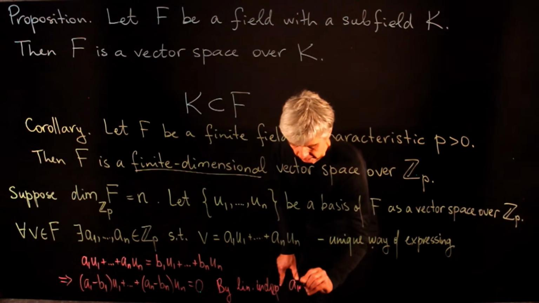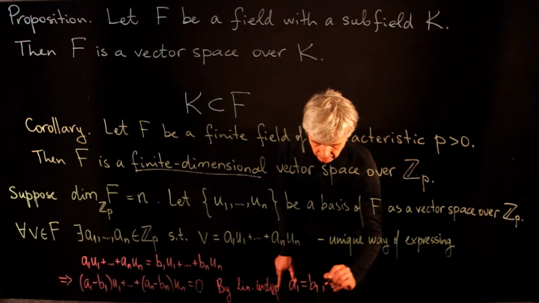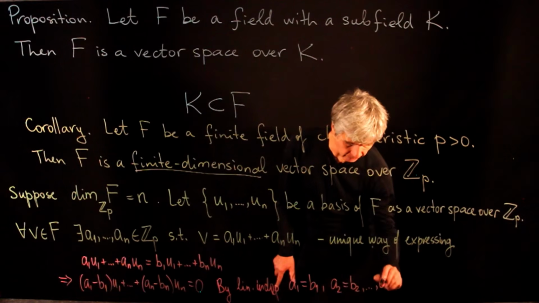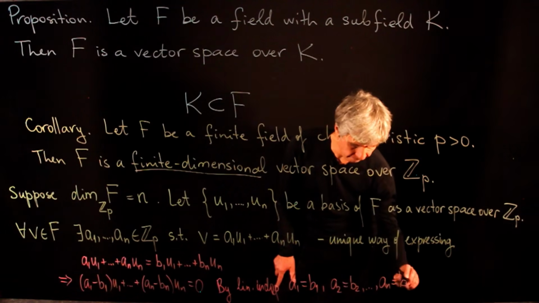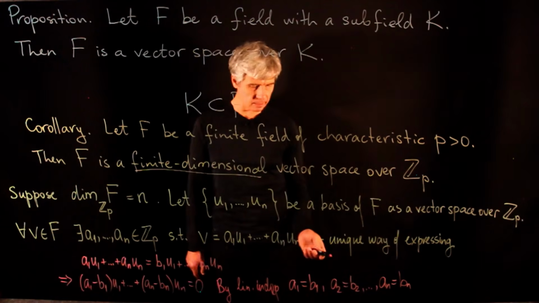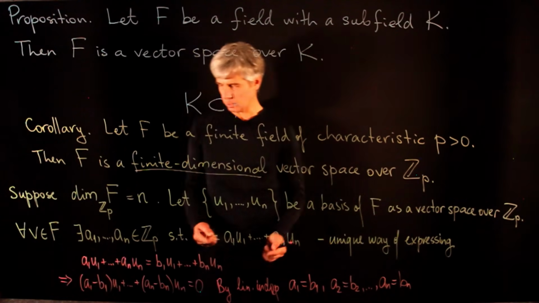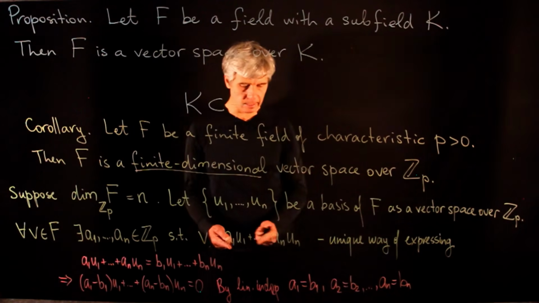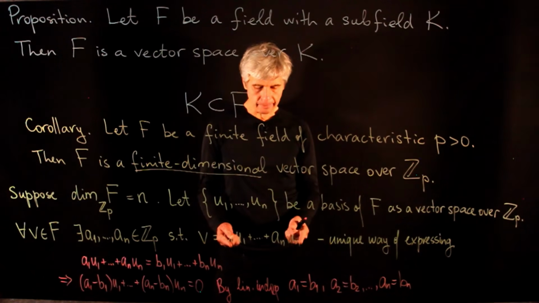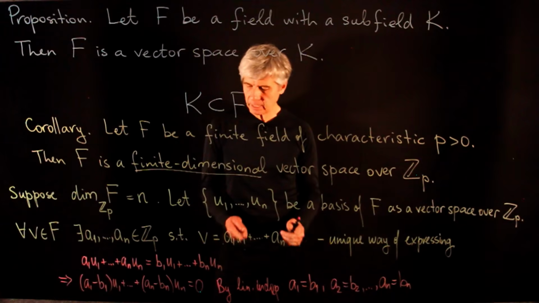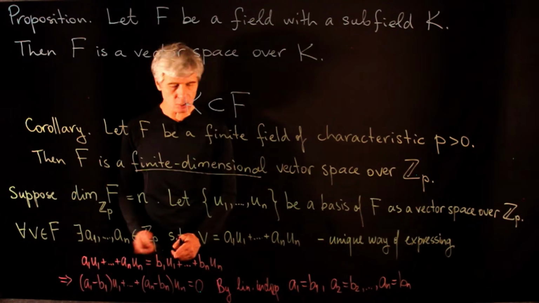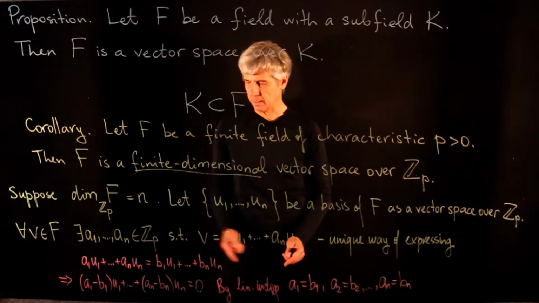So a1 must be equal to b1, a2 must be equal to b2, and an must be equal to bn. So every element of a field can be written as this linear combination, and moreover, this can be done only in one way. We cannot have two different linear combinations representing the same element.